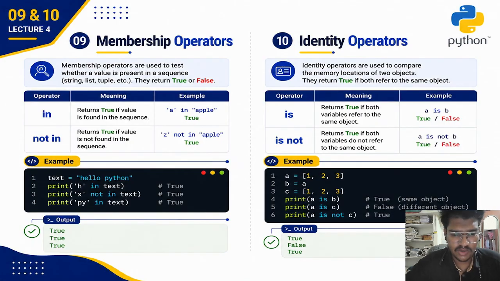One question always comes to your mind: when to use is and when to use is not. So first of all, let's talk about is. Use is when you want to check if two variables reference the same object.